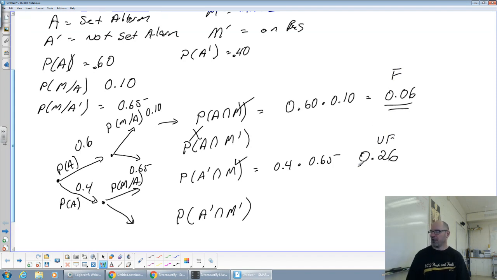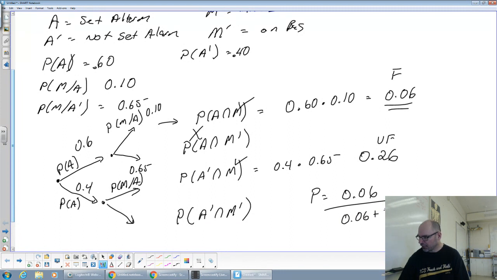Okay. So then the probability of this total thing would be 0.06 over the total of the two, 0.06 plus 0.26, which would be 0.06 over 0.32.